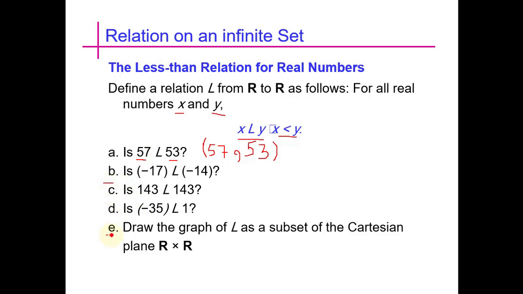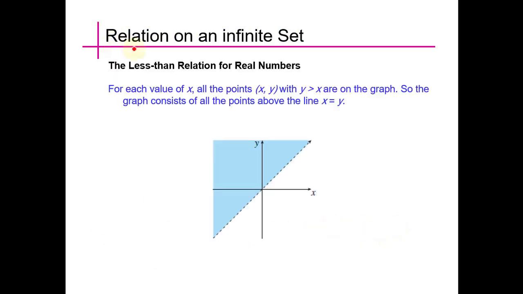The last part, E, is to draw the graph of L as a subset of the Cartesian plane R cross R. Here we see the shaded area which represents the less than relation for real numbers.